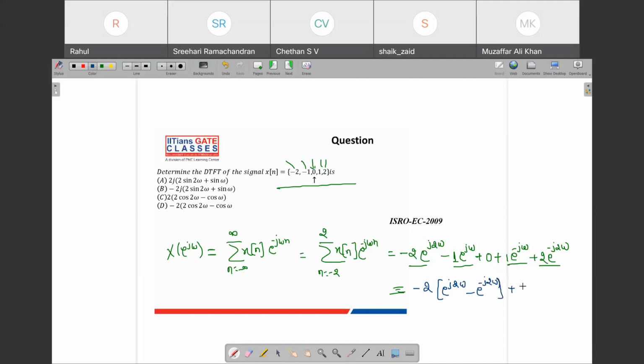And for this one, when you take the minus 1 common, e to the power j omega minus e to the power minus j omega. Now divide by 2j and multiply by 2j, and similarly here also divide by 2j and multiply by 2j.